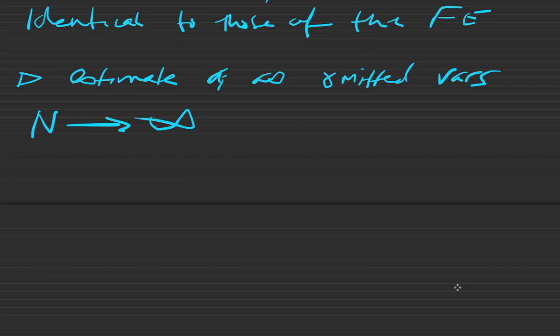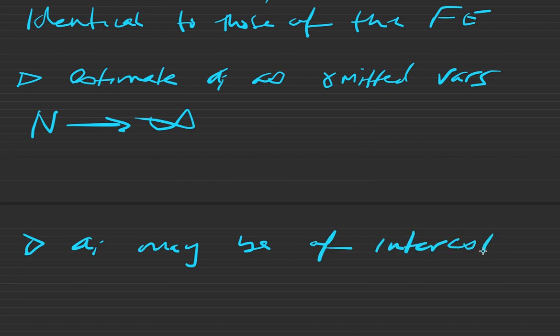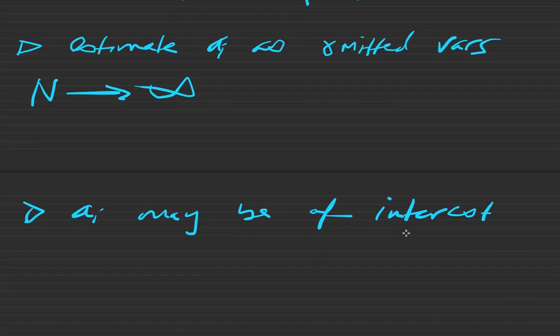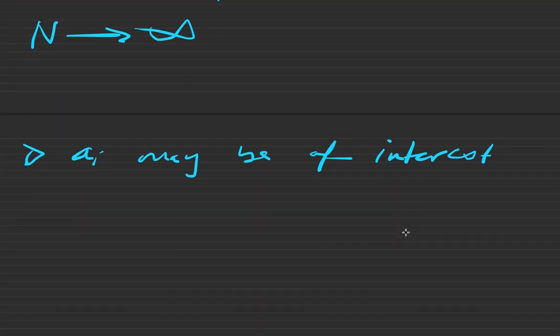Sometimes the individual a_i may be of interest. Say for a particular firm or person, maybe you want to know if they are above or under the average. And particularly, the estimates of the a_i are not usually reported when you estimate a fixed effects model or a least squares dummy variable model, especially when there are very many units in the sample.